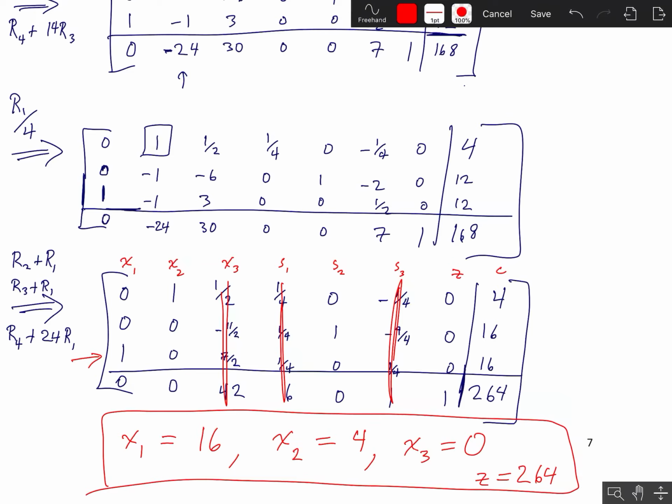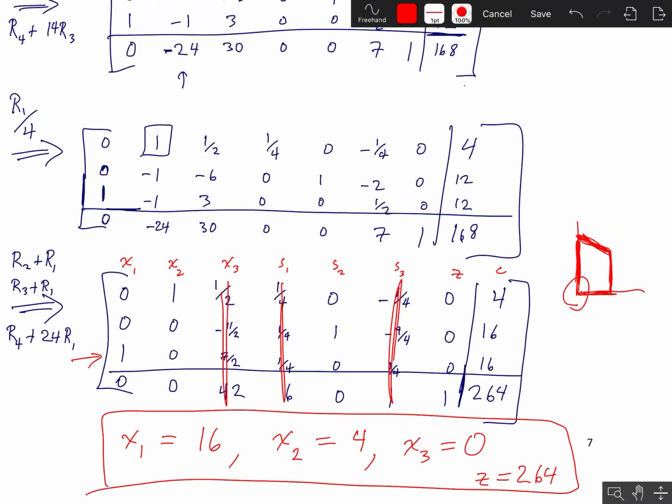And maybe before I end this video, there are 2 comments that I want to make. One is that if you look at the value of x1, x2, and x3, and so on, then what would happen if you were to draw pictures for all of these? Now, this would be a 3-dimensional picture because you have 3 variables that are changing, x1, x2, and x3. But let's say that this was a 2-dimensional problem.